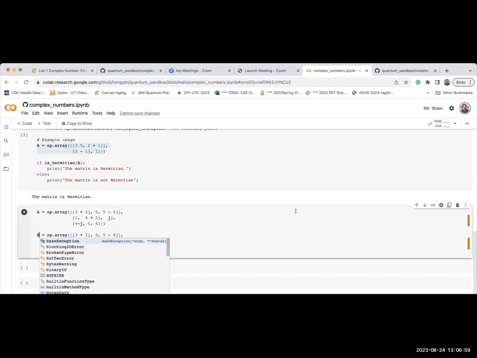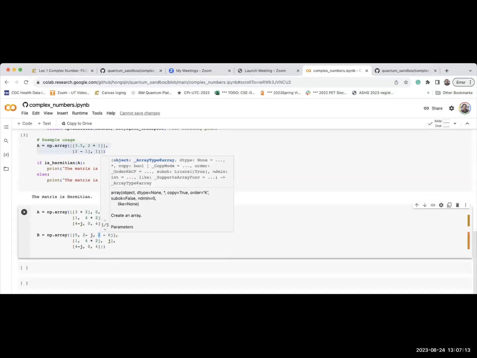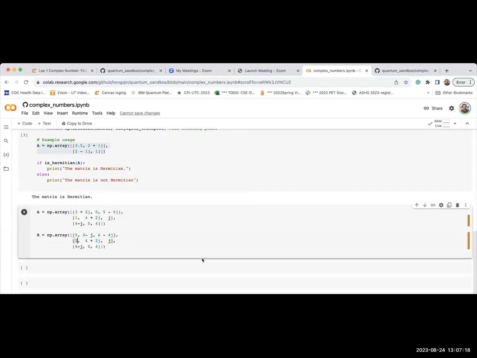B will be 5, 2 minus j, 6 minus 4j, 4j, 0, 0, 4 plus 5j, and then 2, and then 7 minus 4j, and then 2 plus 7j, and then 0.